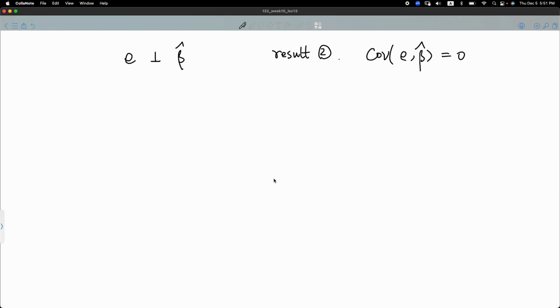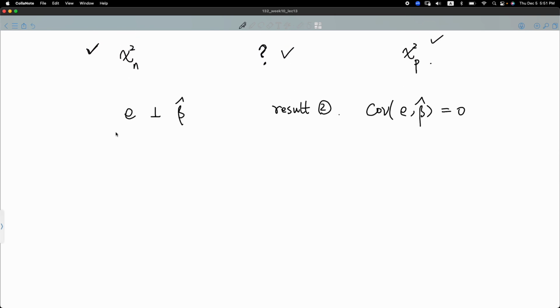So on the left-hand side, we have the degree of freedom n. So the moment generating function is 1 minus 2t to the power n over 2. And then we also know this one is a chi-square with degree of freedom p, so this one has the moment generating function of 1 minus 2t to the power p over 2.